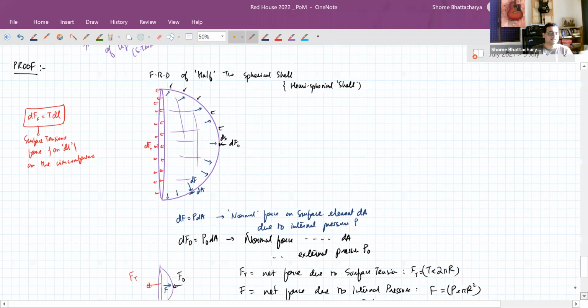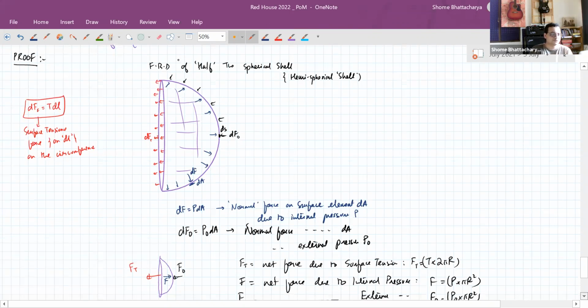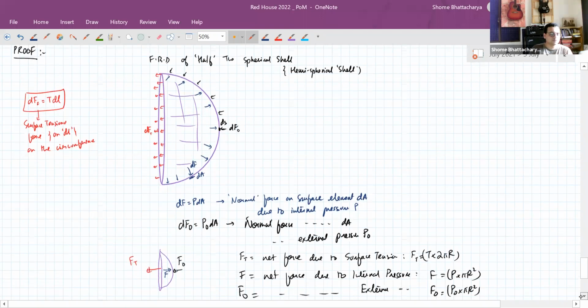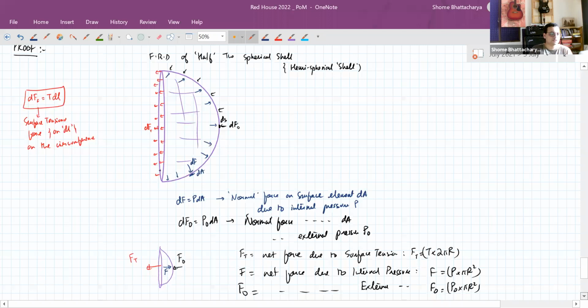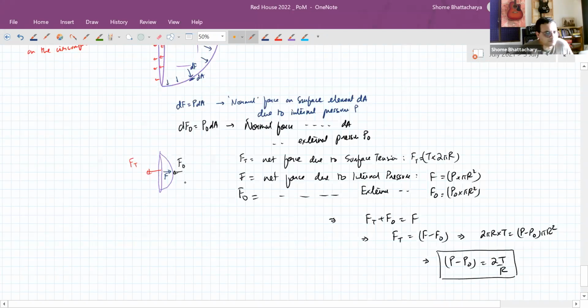The liquid inside is applying force outwards on it, which is these dF vectors. The external air pressure is applying a force of dF naught on each of these surfaces, whereas the other half of the surface is pulling it in this direction with these surface tensional forces. Now when we integrate these forces together, they become three types of forces: the surface tensional force, the net force due to internal pressure, and the net force due to external pressure.